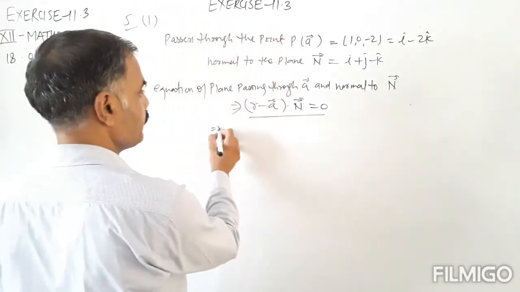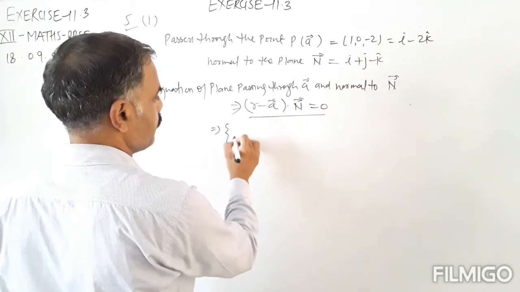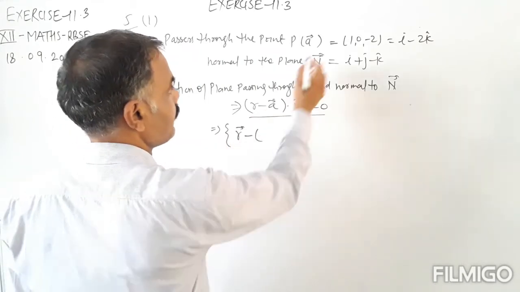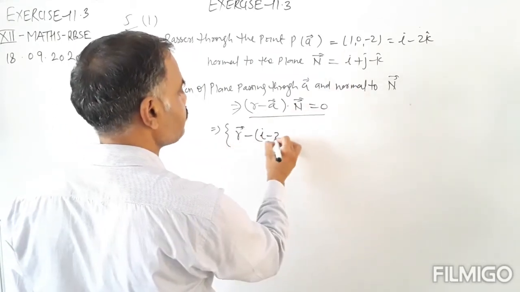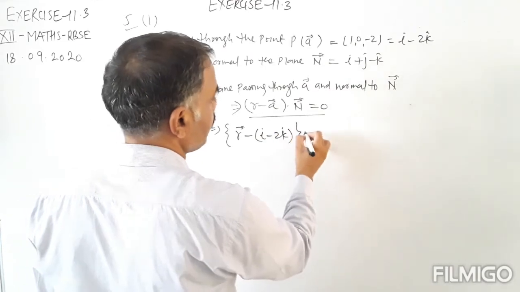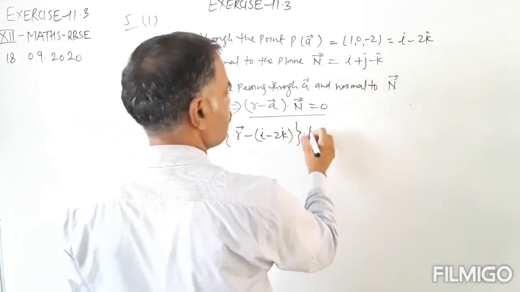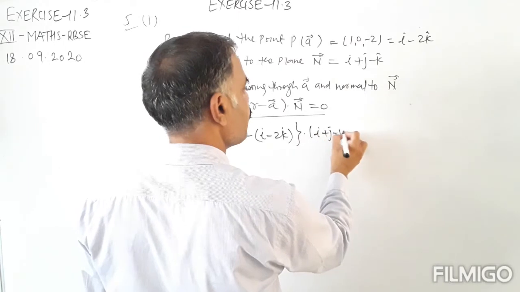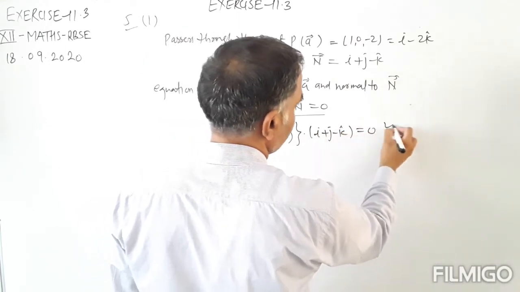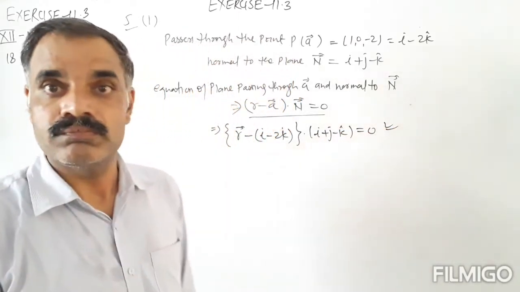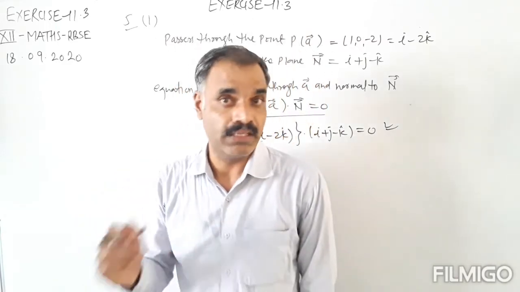Putting the values, r vector minus a vector is i cap minus 2k cap dot n vector i cap plus j cap minus k cap equals 0. This is the vector form of the equation of the plane.